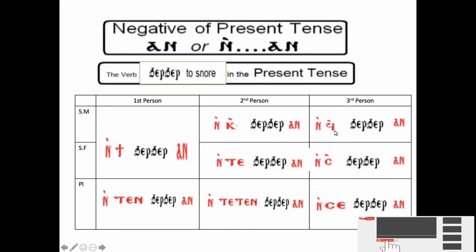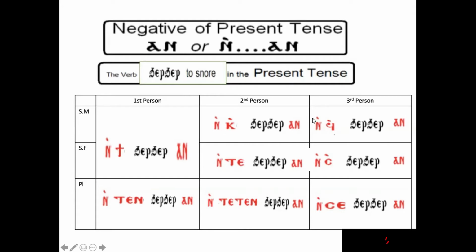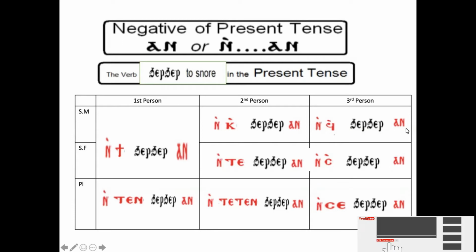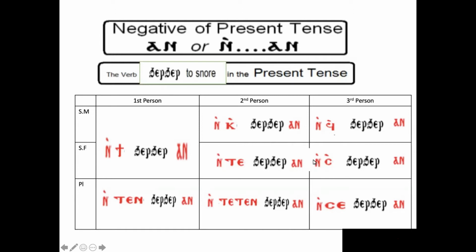If you're talking about a singular masculine and you're saying he does not snore, you should say in, if, khair, on. If you're saying she does not snore, you say in, is, khair, on.